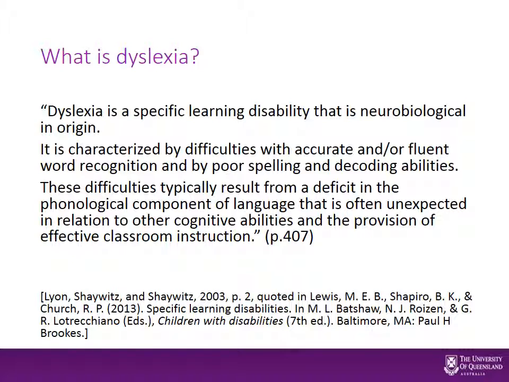So it's really saying it's something not going well in the brain. You can see that it's characterised by problems with word recognition, poor spelling, decoding abilities. This is where the issue comes, because it could be difficulties with any of those different things. And so one of the issues that people have is say, well, let's be more precise. But it is certainly a recognised condition.